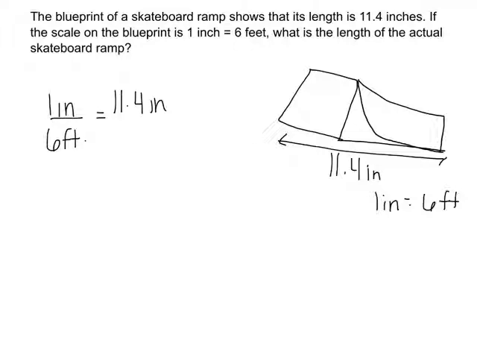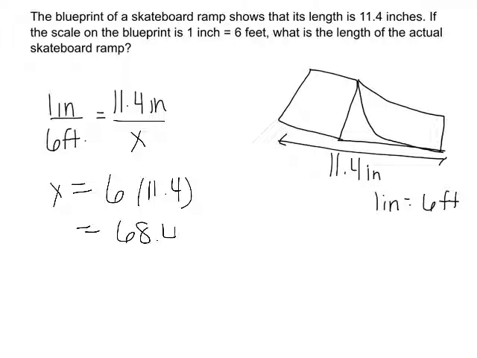So what is that as x? I need to figure out what that actually is in feet. When I cross multiply, I get x equals 6 times 11.4, which equals 68.4. So the actual skateboard ramp is 68.4 feet.